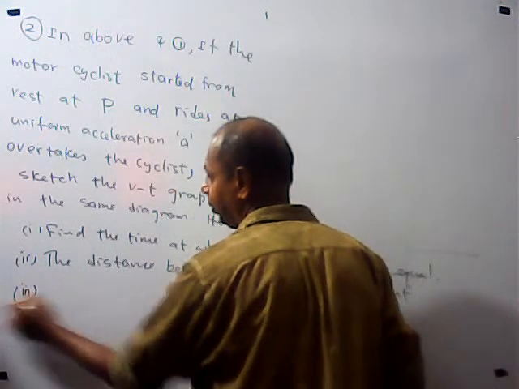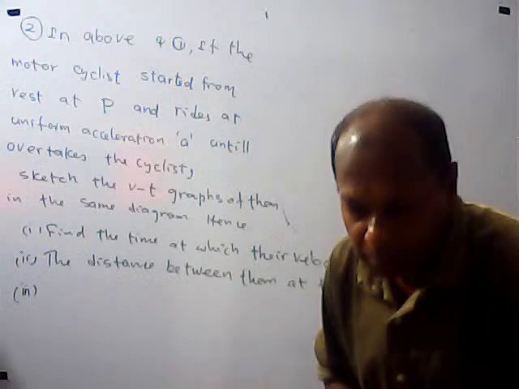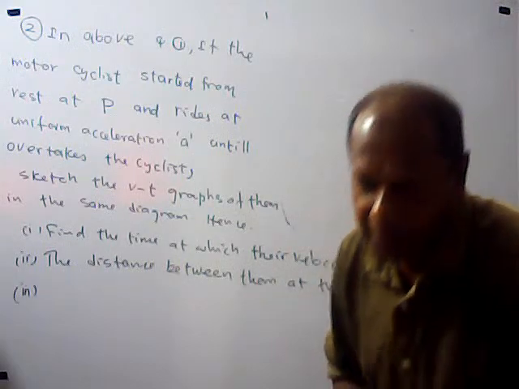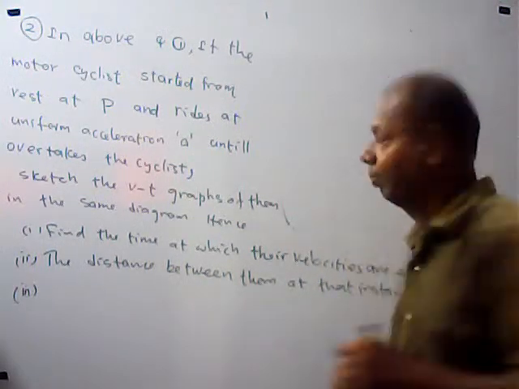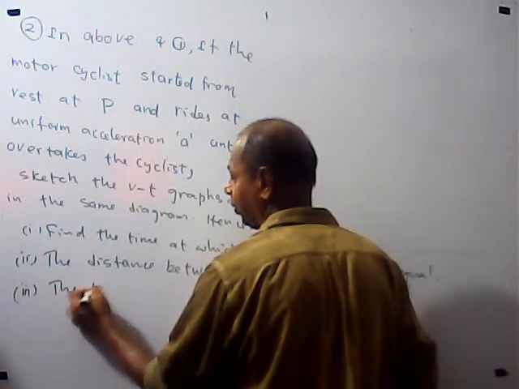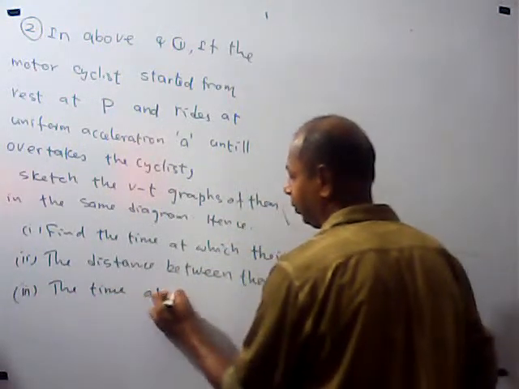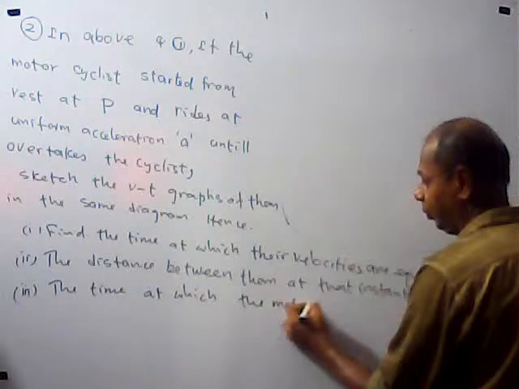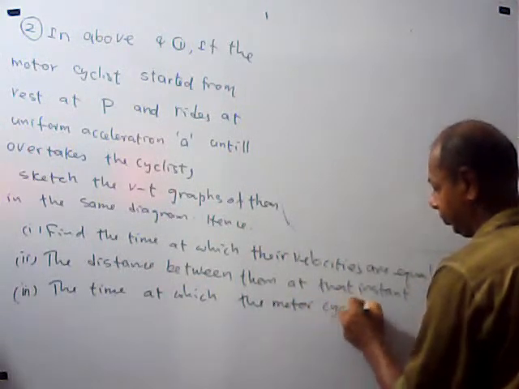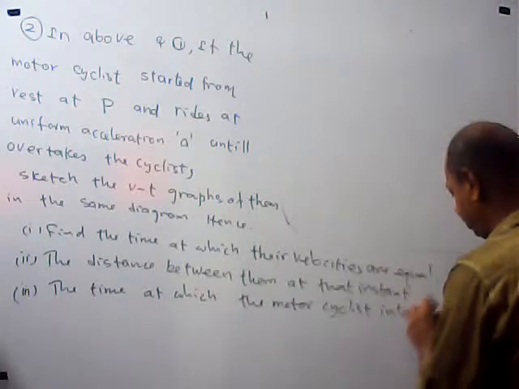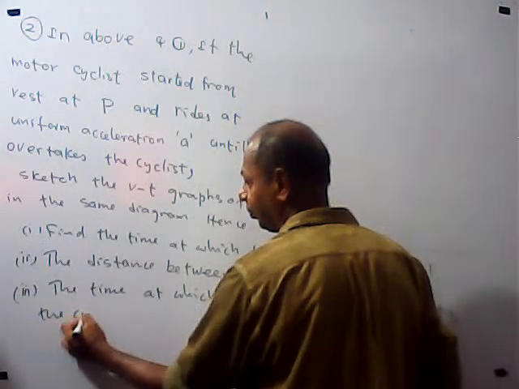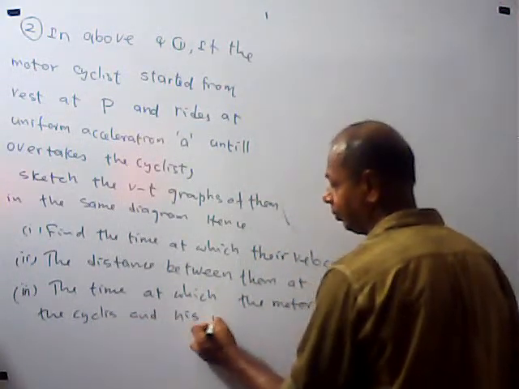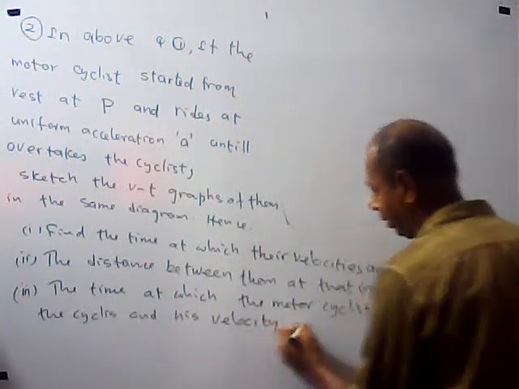Number three, the time at which the motorcyclist intercepts the cyclist and its velocity at that instant.